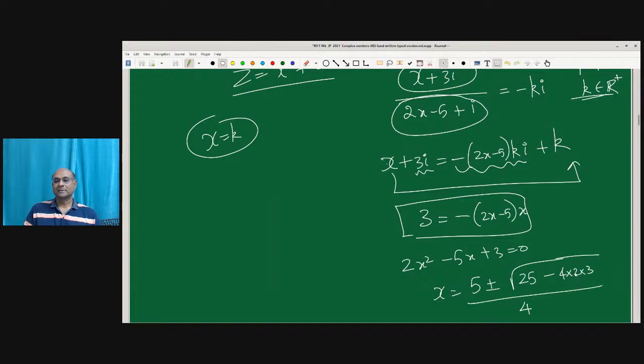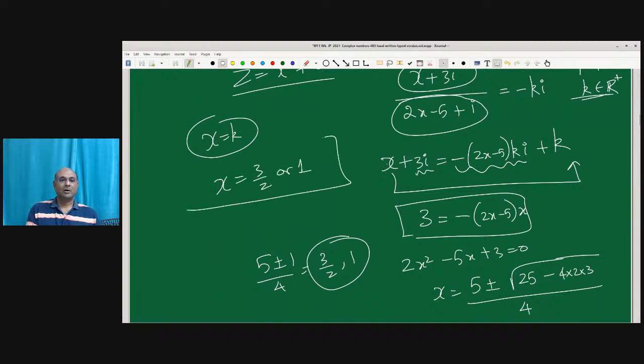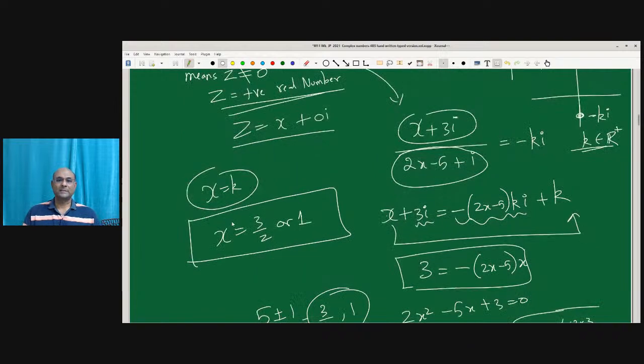How much is this? 6 4s are 24. So this is 1. So I'm going to get 5 plus or minus 1 by 4. 5 plus 1 is 6 by 4, 3 by 2. 5 minus 1 is 4, 4 by 4 is 1. So two possibilities are 3 by 2 or 1. Always check. Always check.